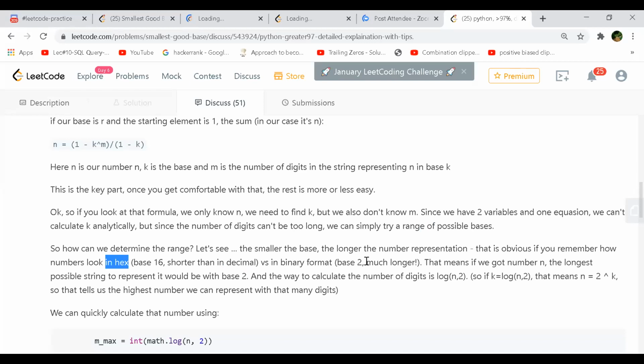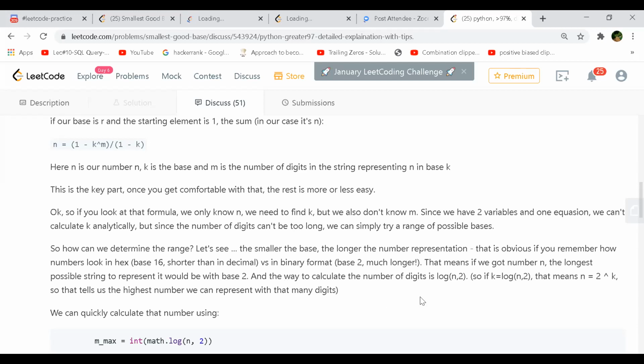If you divide by 2 and keep on doing so, in binary format it will be large. But if you do it in 16, the length will be less, right? And that means if we get a number n, the longest possible string to represent it would be with base 2. If you want the longest one, it is better to represent it with base 2.